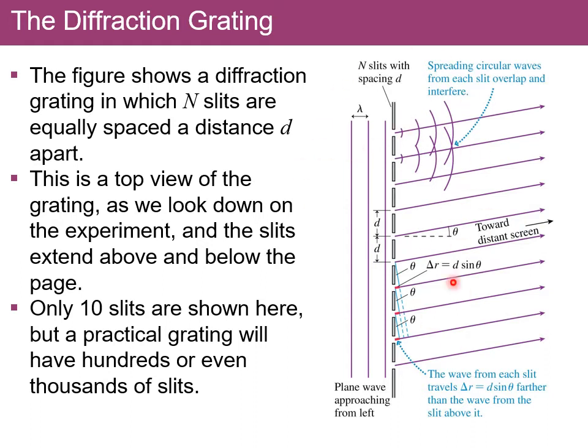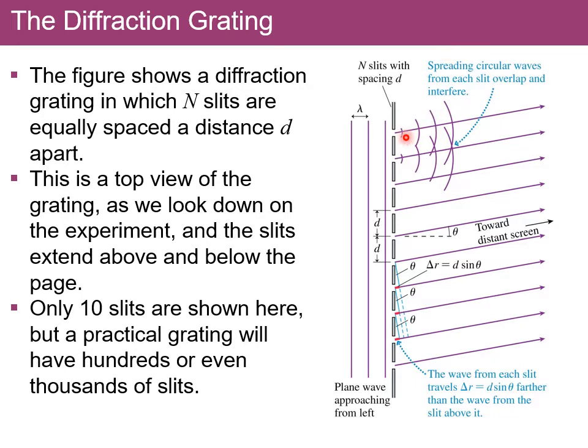The figure shows a diffraction grating in which N slits are equally spaced a distance d apart. This is a top view of the grating, as we look down on the experiment, and the slits extend above and below the page.